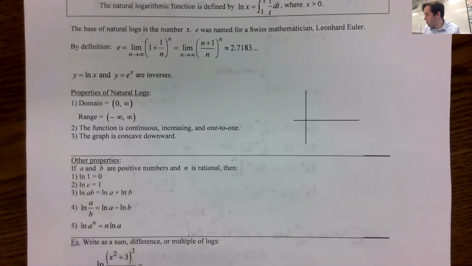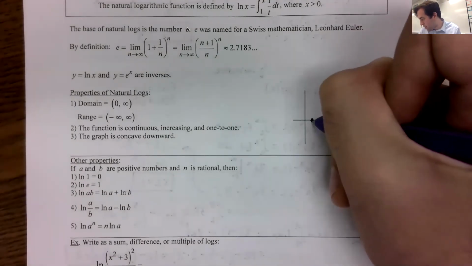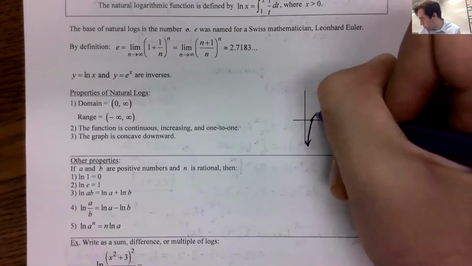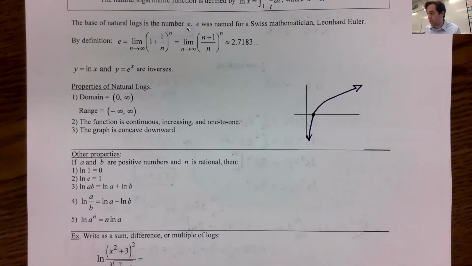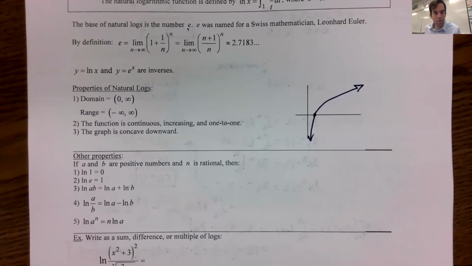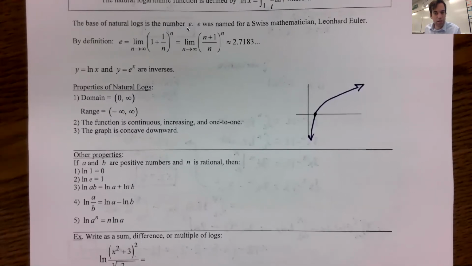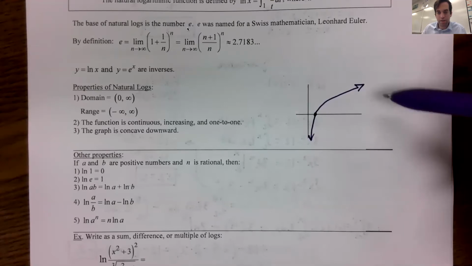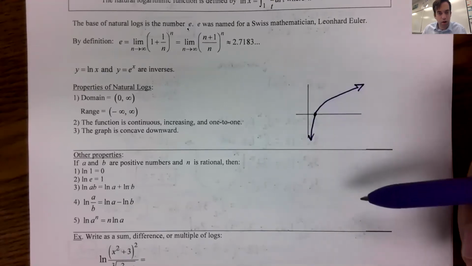And we're going to do a rough sketch of the graph here, which looks like this. That's our natural log of x graph. The domain is from 0 to infinity, exclusive, not including the 0. And the range is from negative infinity to infinity. So all real numbers are included for y values.